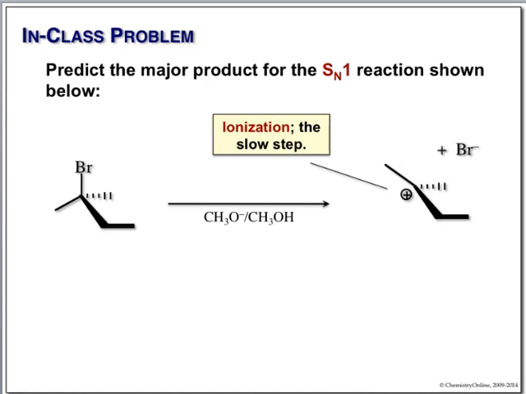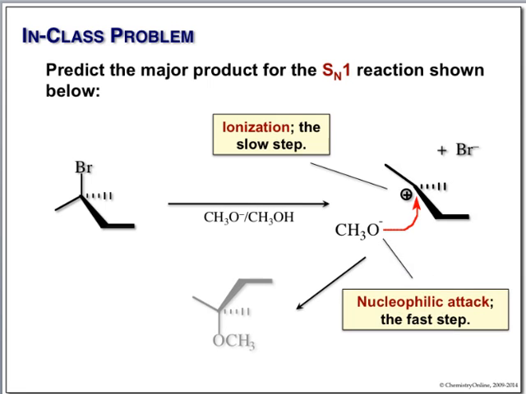Carbocation is then going to react with the nucleophile. This is methoxide. Remember, it can attack from either side because it's planar. Methoxide will simply add, and we wind up with the ether as our product.